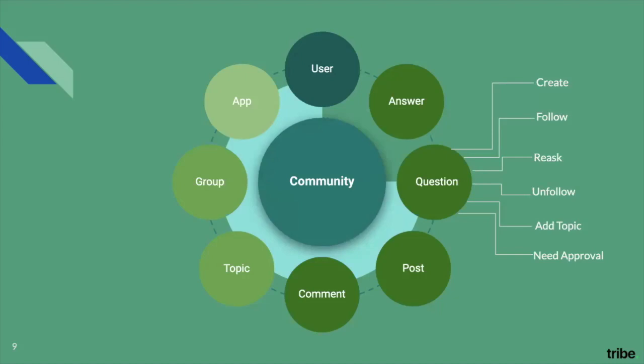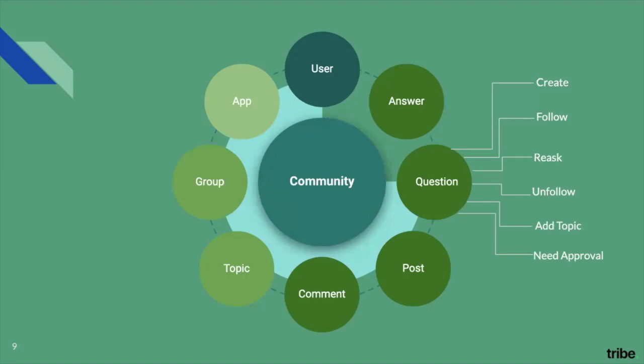So here we have an example around questions. As you can see, for events around questions, we have the creation of the event. We have when a question is followed. We track an event when a question is re-asked by the community. We have it when users are following or unfollowing it.